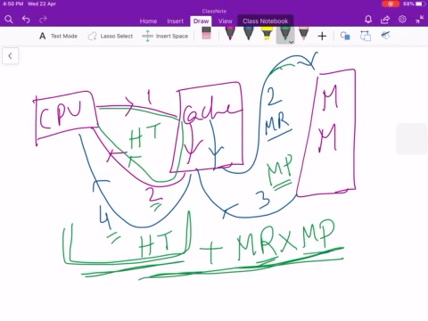And to serve a miss, the amount of clock cycles or amount of time we need to incur so as to bring things from the next level of memory is essentially called miss penalty, right? So it says how much penalty you need to give for a miss, and this happens to be a larger amount, as it is quite obvious, because you are bringing things from main memory, so you need more time. Main memory happens to be slower than your cache. So that's why you call it penalty.